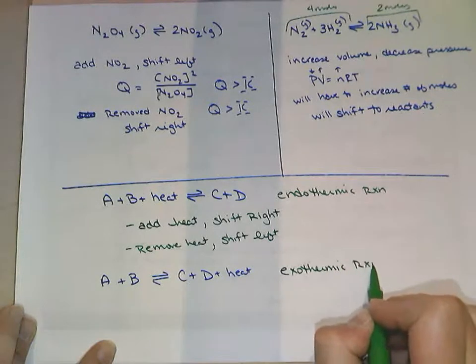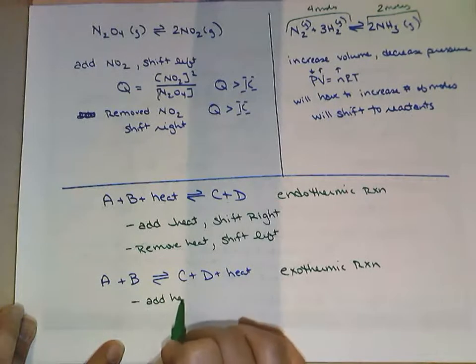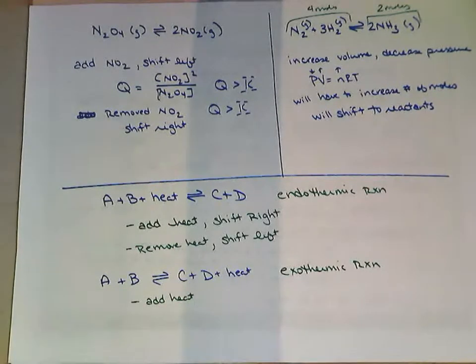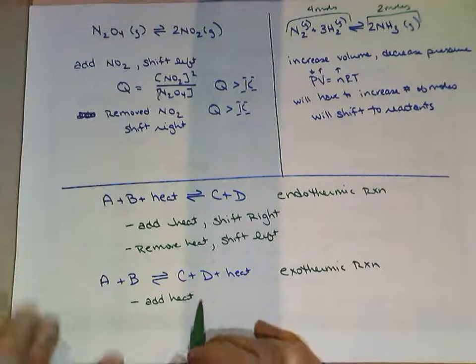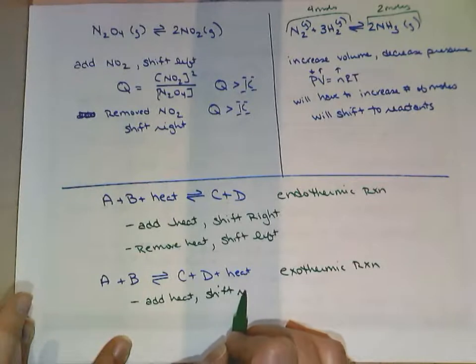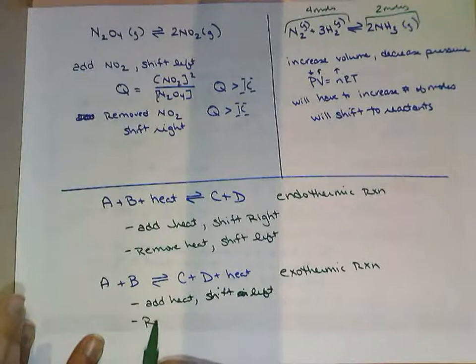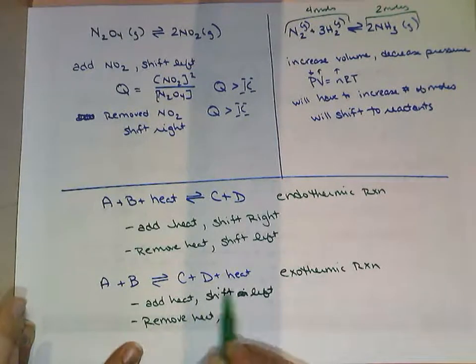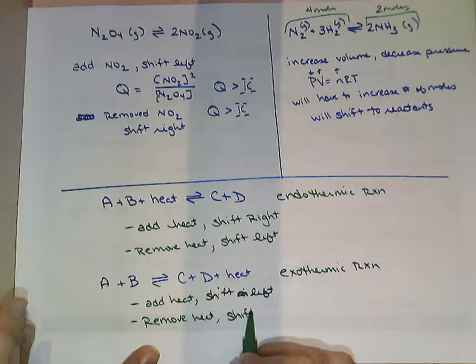This may be more obvious when I write it this way. If I add heat, heat is now a product. So if I add more product, it's going to have to shift back to the left to compensate for that. Or if I remove heat, I cool it off, it will shift towards products, or shift to the right, to make up for the loss of heat.